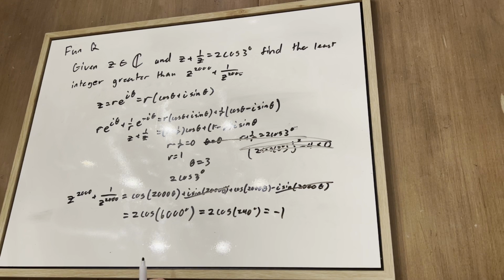And the least integer that is greater than this is 0, which is our final answer.